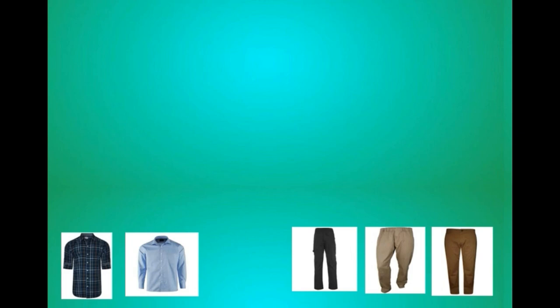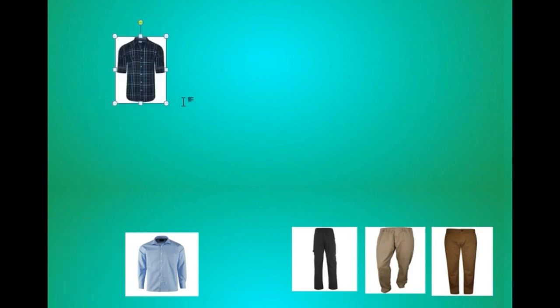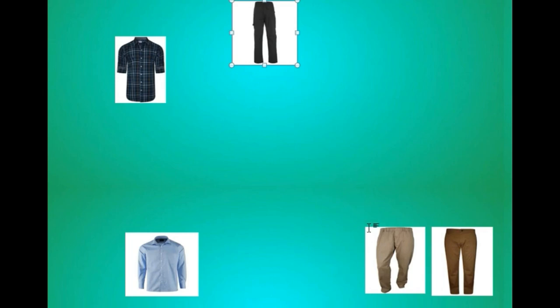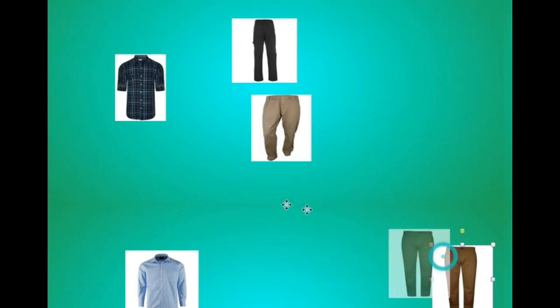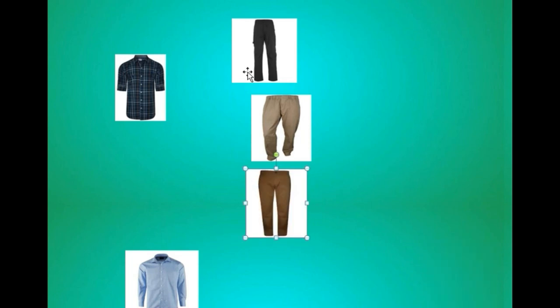So let us see practically. Now suppose I have 2 shirts and 3 trousers. For the first case, I have to choose one shirt and one trouser. Now suppose I choose this first shirt. Now for this first shirt, I have 3 choices, one for each trouser. This is the first trouser, this is the second trouser, and this is the third trouser, which can be matched with my first shirt.